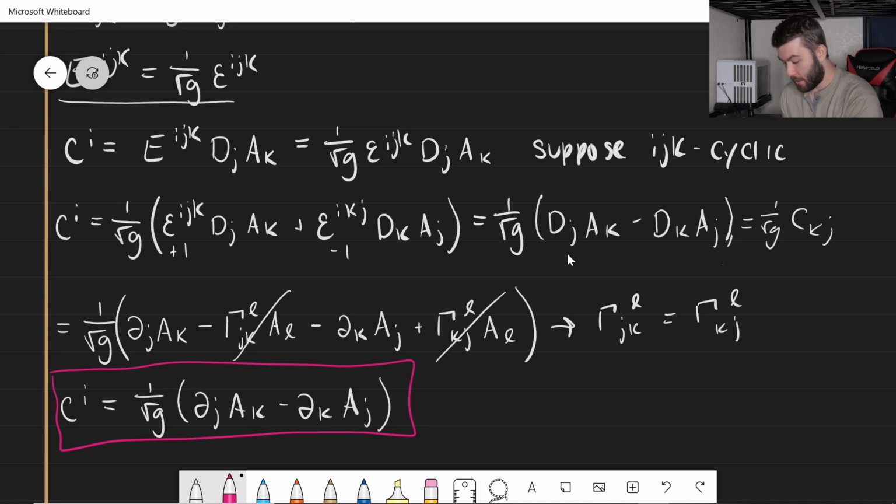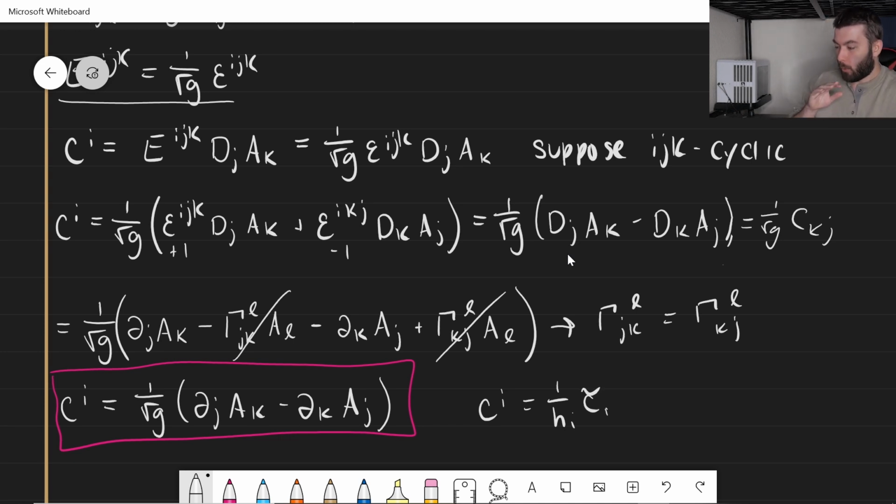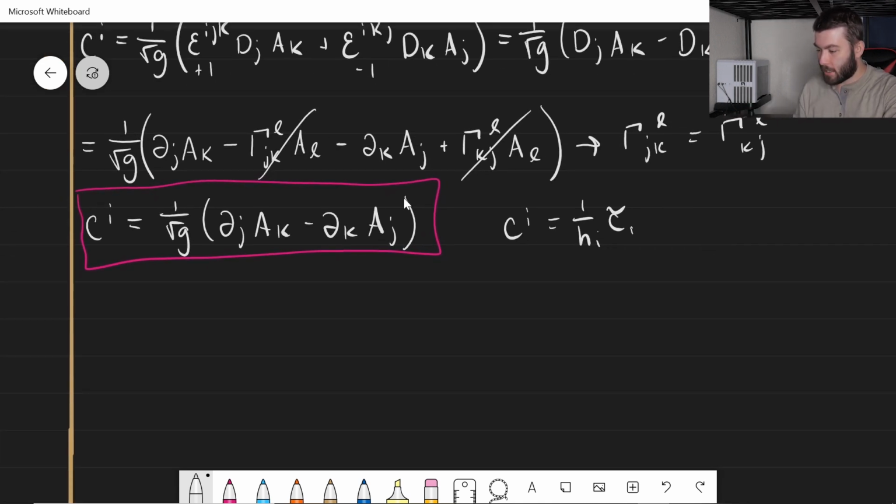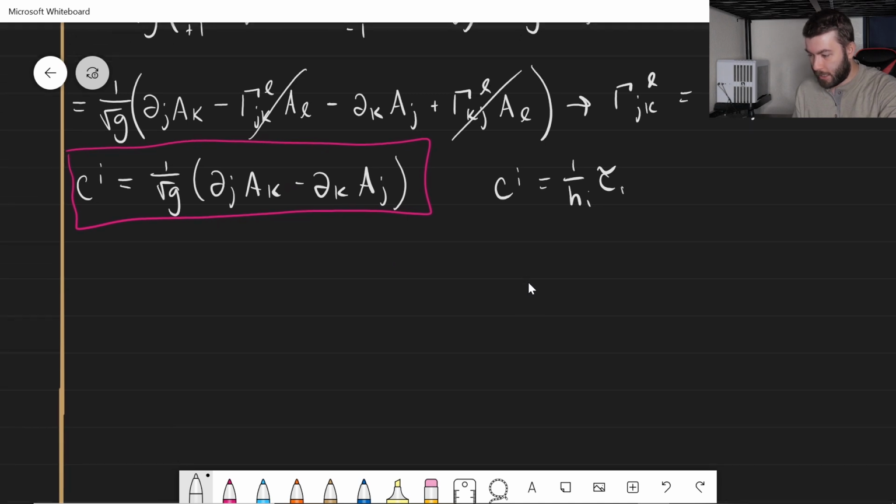We understand that the contravariant curl vector should be related to the ordinary one by dividing by the square root of that metric component, ci. There we go. So once we do an example, we'll have to keep that relationship in the back of our mind, that what we're calculating is the component of a contravariant vector. I think that's fascinating, though, that those connection coefficients end up canceling out.